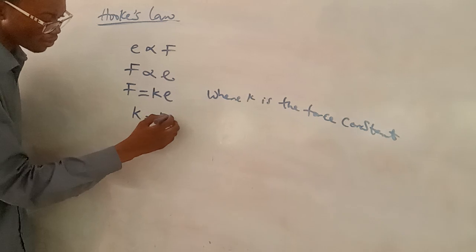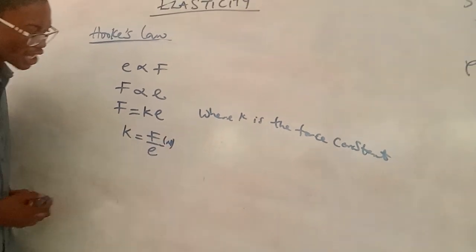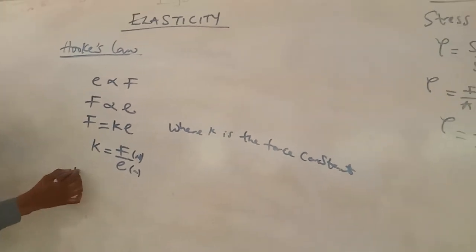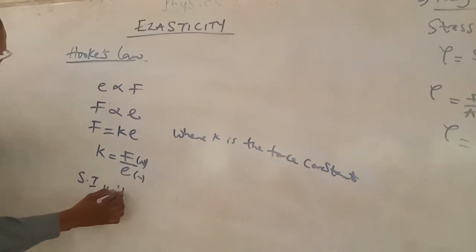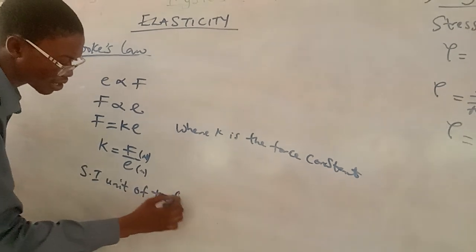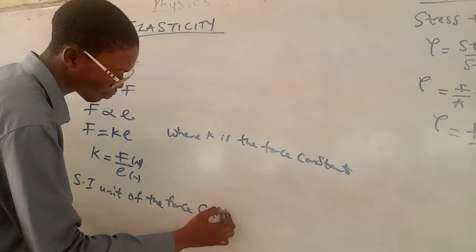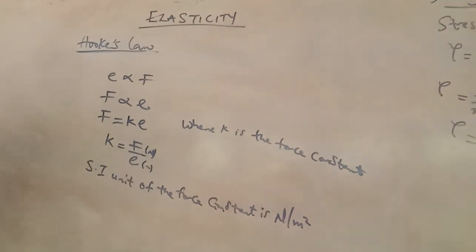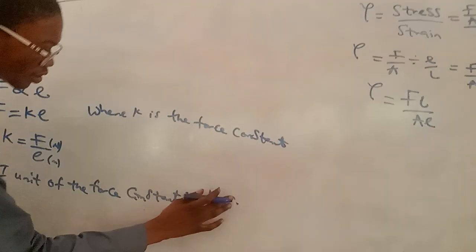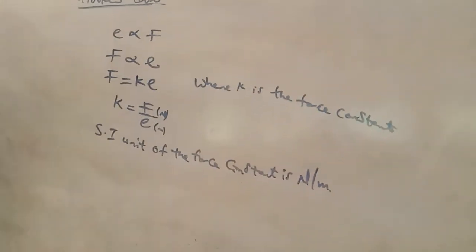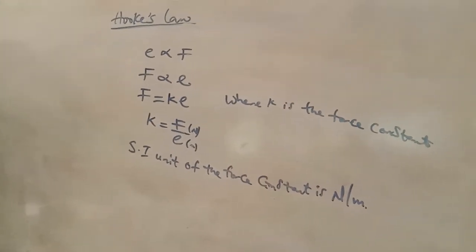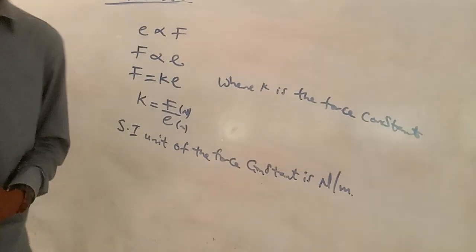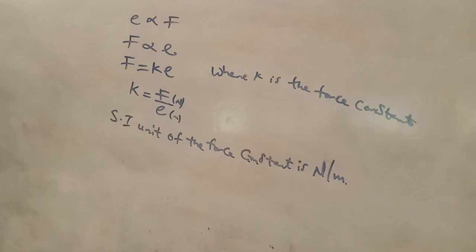The SI unit of force is Newton, the SI unit of extension is meter. So the SI unit of the force constant is Newton per meter. I would also like you to find the dimension of your force constant.